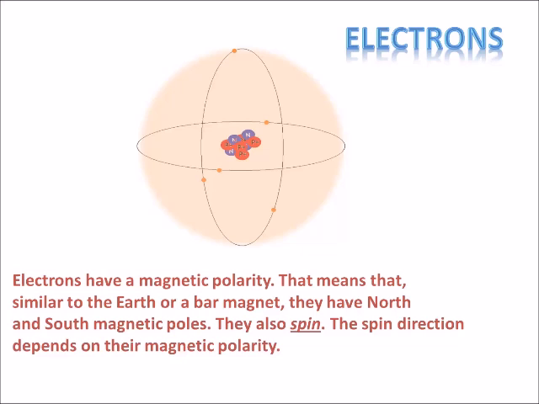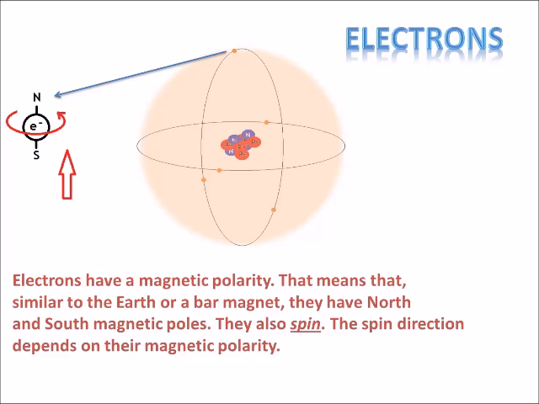These electrons spin on their axis, and the spin direction, whether it's clockwise or counterclockwise, depends on the magnetic polarity of the electron. So if we could look at one single electron, say this one here, we notice that it's spinning, in this case, in a counterclockwise direction.